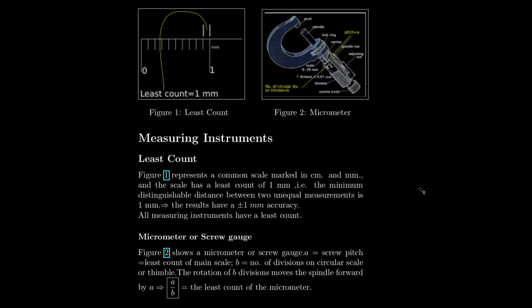Next topic, measuring instruments. The concept of least count. Figure 1 represents a common scale marked in centimeter and millimeter, and the scale has a least count of 1 millimeter, that is the minimum distinguishable distance between 2 unequal measurements.